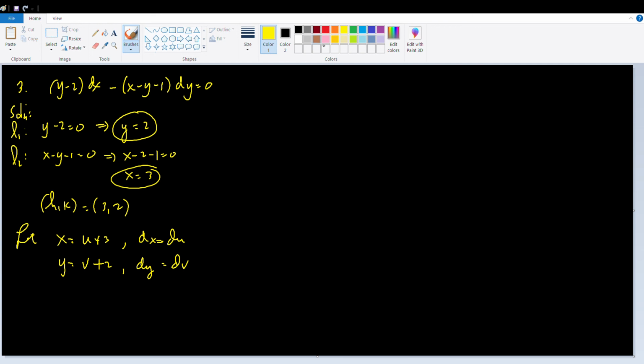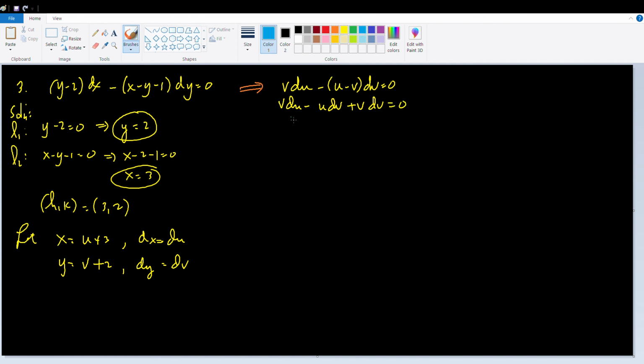So we know that this will transform into v du, without negative 2, minus u minus v dv equal to 0. Again, this is homogeneous, or an equation with homogeneous coefficients of the same degree. But there could be some other methods available in finding the solution. So let us see. v du minus u dv plus v dv equal to 0.